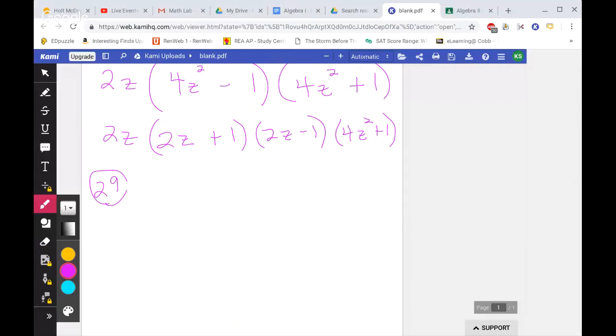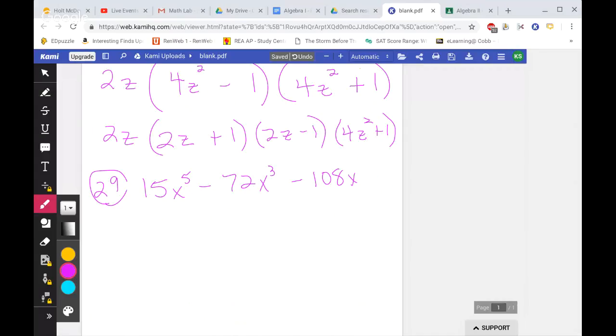Okay, number 29 is 15x to the fifth minus 72x cubed minus 108x. So we want to see if we can factor something out.